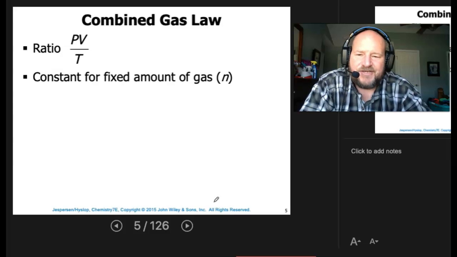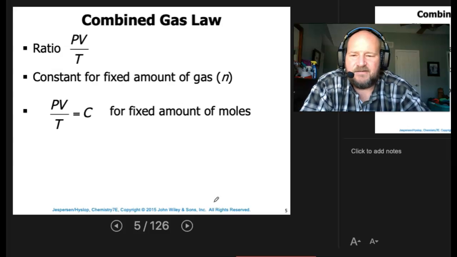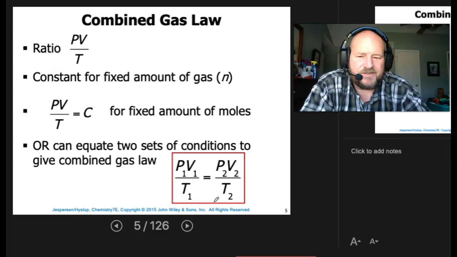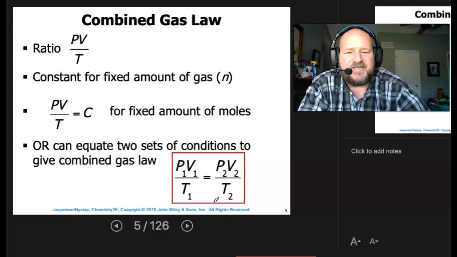This ratio is constant for a fixed amount of gas, as long as we have the same number of moles. So PV over T equals a constant for a fixed number of moles, which means we can say P1V1 over T1 is equal to P2V2 over T2.